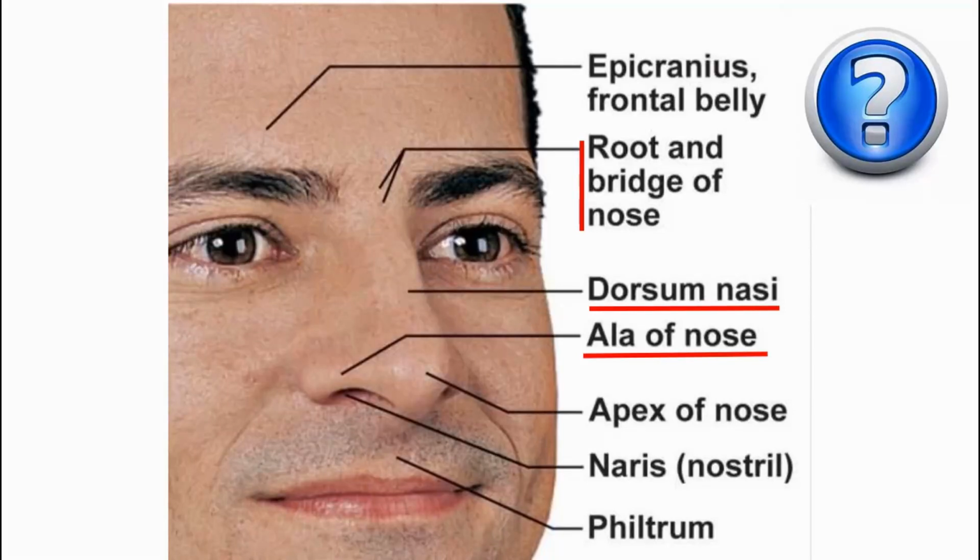This is called ala of the nose, and the tip of the nose is called the apex, and the openings of the nose cavities, they are called external nares, or another name, they are called nostrils. 2 nostrils, and below the middle of the nose is part of the upper lip called the philtrum.